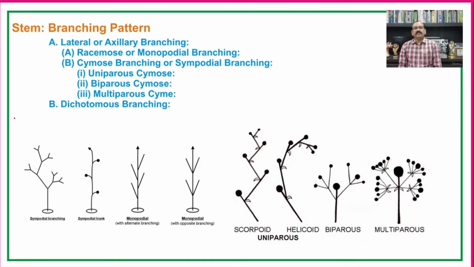In the stem, we will see the branching pattern. Usually in the UG and the PG also, there is a question on the branching pattern in the stem. Here the stem is found to have two different types of branching. The first one is considered lateral or axillary branching, and the second one is dichotomous branching.